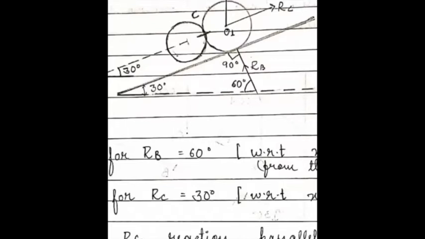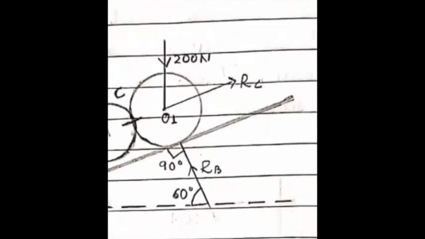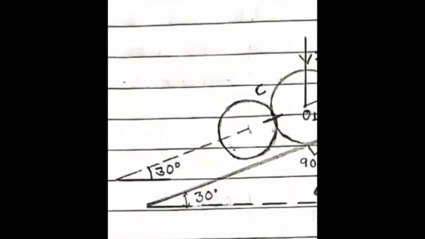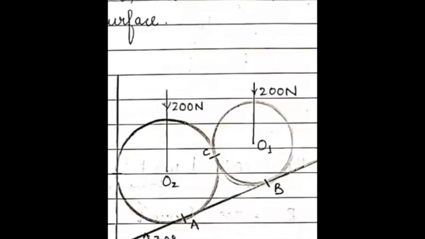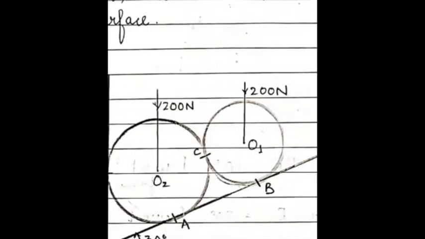Meanwhile, you want to know there is one more reaction there. Everyone can observe the reaction RC. RC reaction, please look here in the figure. RC, the C point is here. That means when you're considering O1, it is towards the body. The RC is moving in which quadrant? First quadrant. Therefore, the angle should be there.